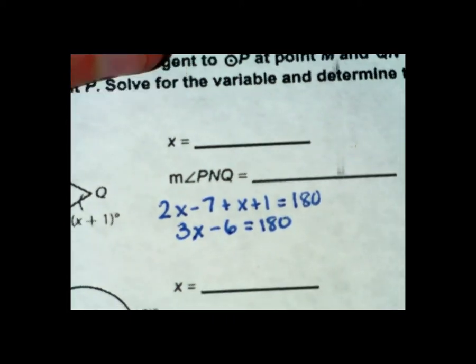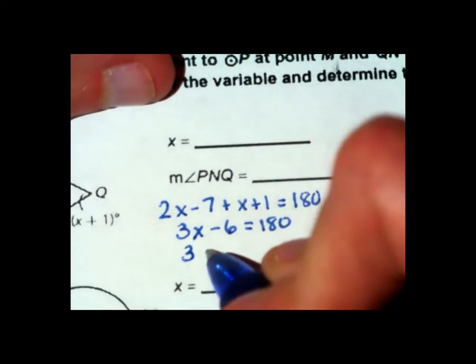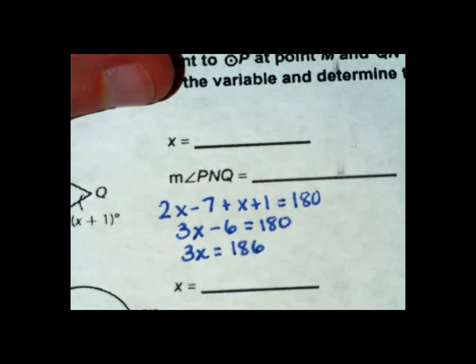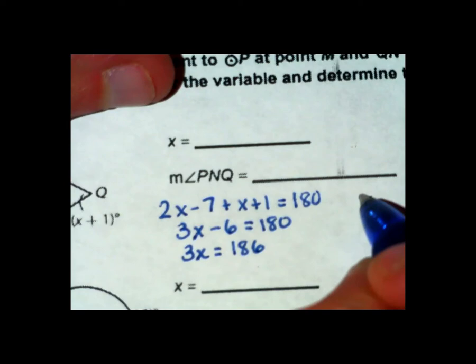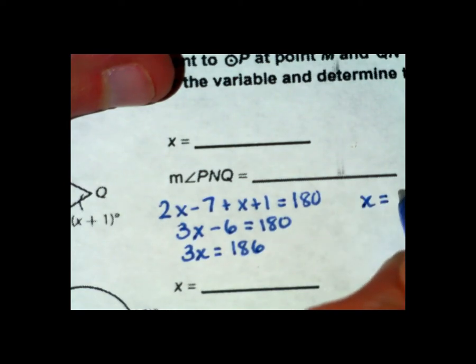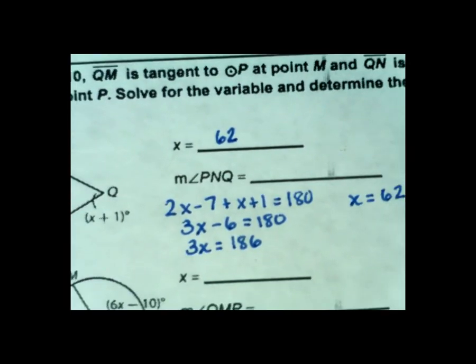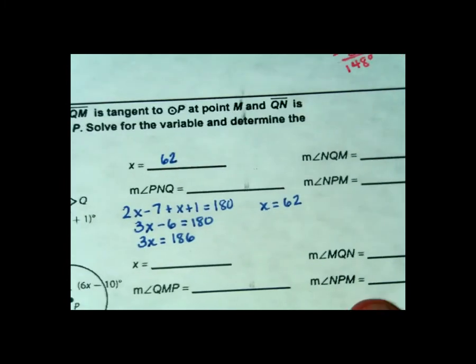And then what? Add 6. So 3x equals, and then what do you do? So x equals, it's what? 62. That is x, not an angle, so do not put degrees.